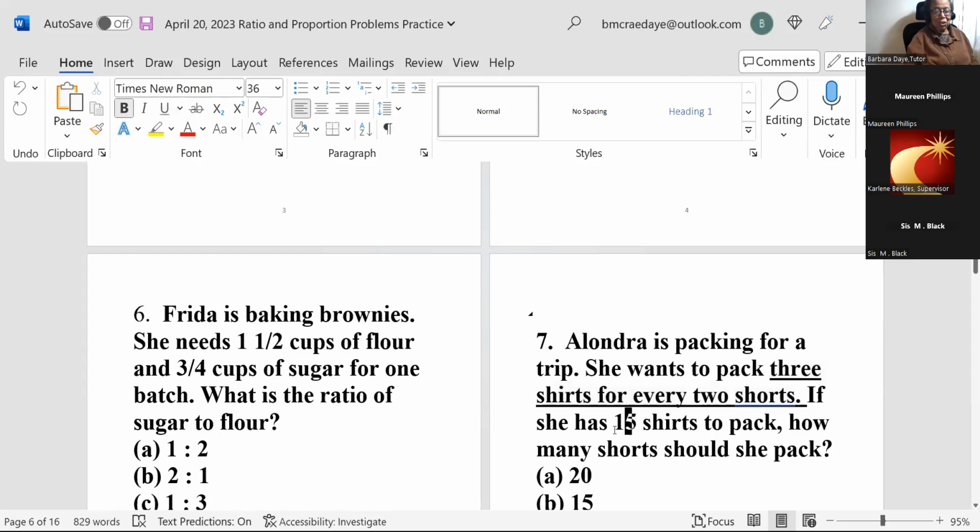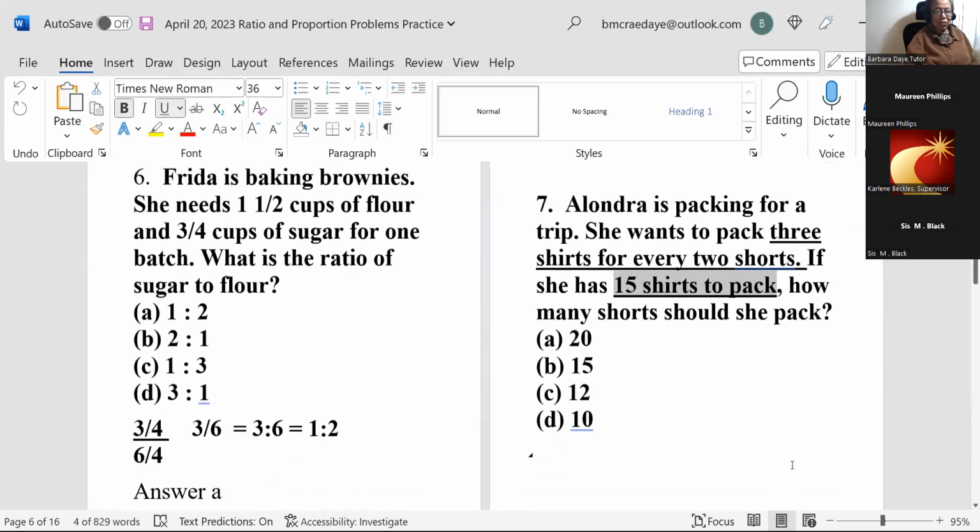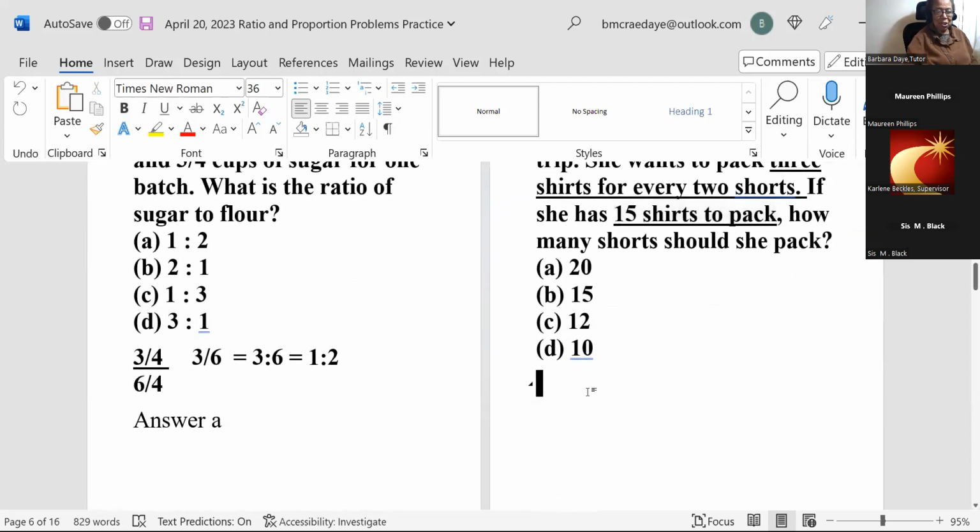So how many shorts go with that 15? So write your ratio, 3 shirts to 2 shorts. Let's put that underneath that.